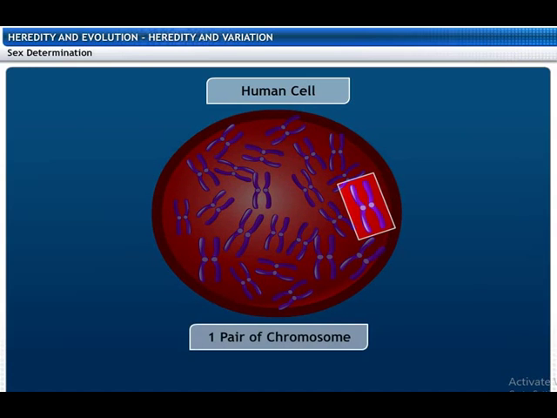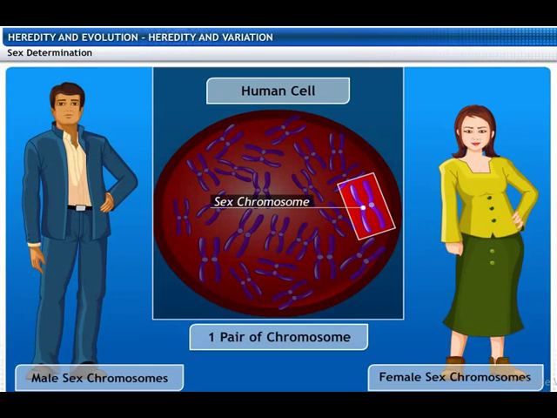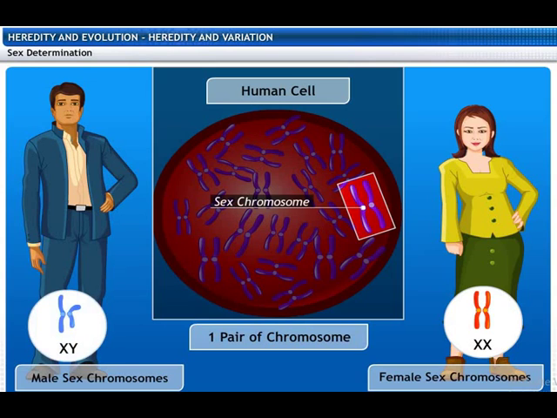But one pair, called the sex chromosome, is odd. Women have a perfect pair of sex chromosomes called XX. But men have a mismatched pair in which one is a normal-sized X, while the other is a short one called Y. So, women have XX, while men have XY chromosomes.